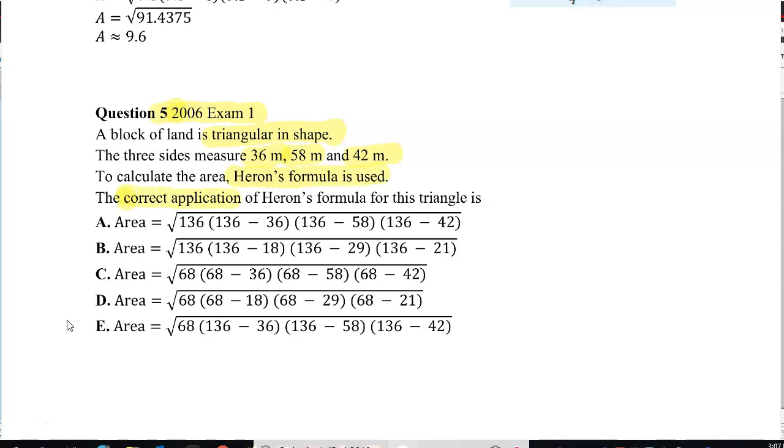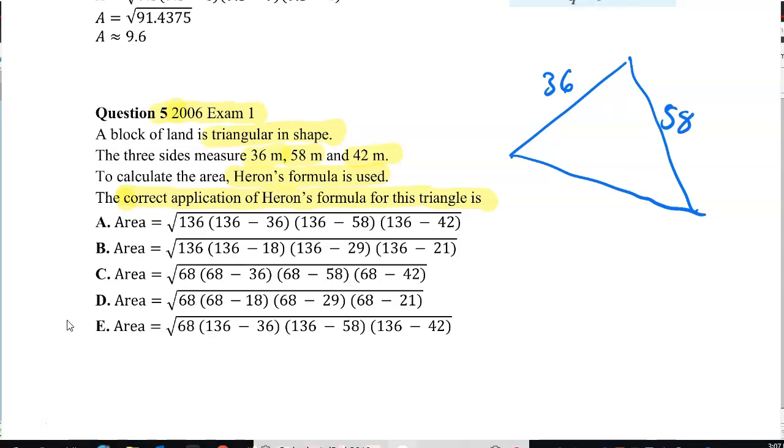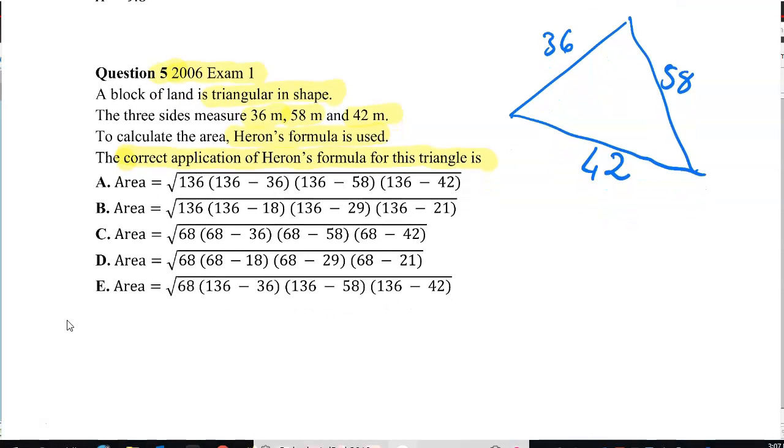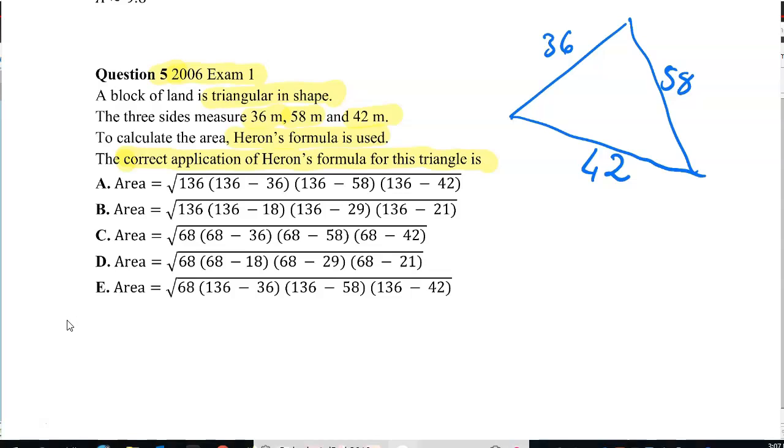The correct application of Heron's formula for this triangle is, okay, so we've got a triangle, 36, 58, 42 metres. Now this is a question where they're not actually asking you to work anything out, but they're asking you to show that you know what calculation you would use.